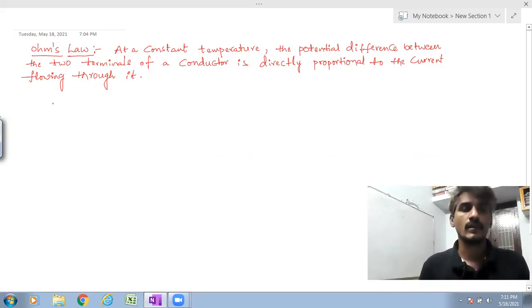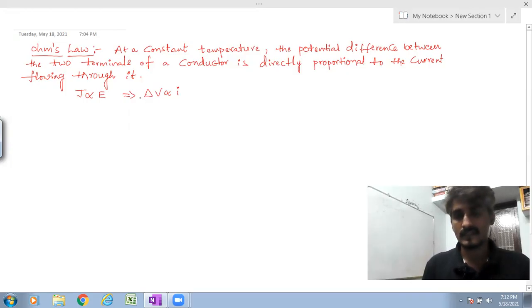Which means that whatever we have derived from J is directly proportional to E in my previous lecture, current electricity 3, from this, finally we have derived that delta V is directly proportional to I. This is the statement of Ohm's law actually.